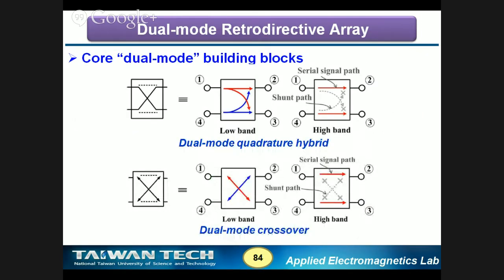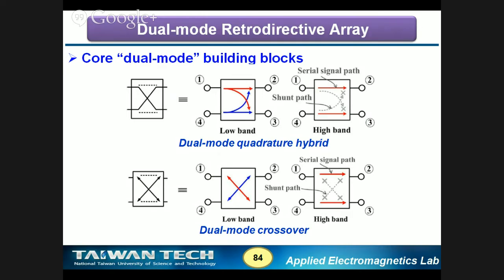The dual mode branch line coupler means that in this design, in the low band, it is just a branch line coupler. But in the high band, the shunt paths should be open circuit. We cannot allow any shunt paths in this design.